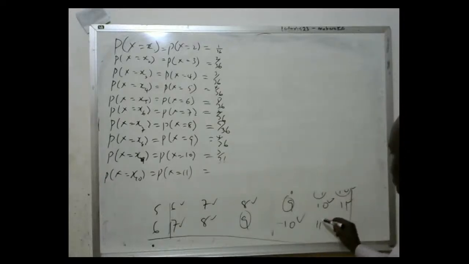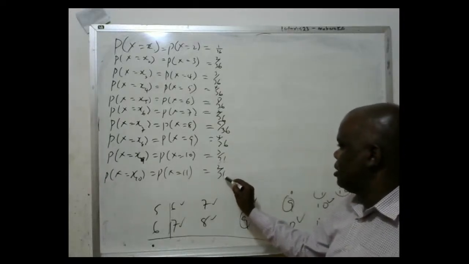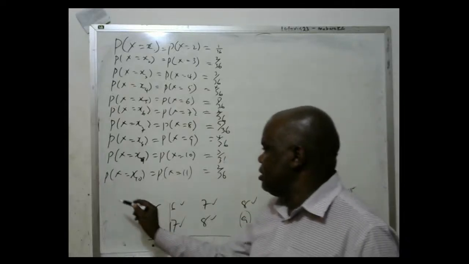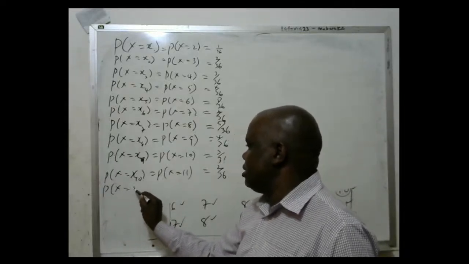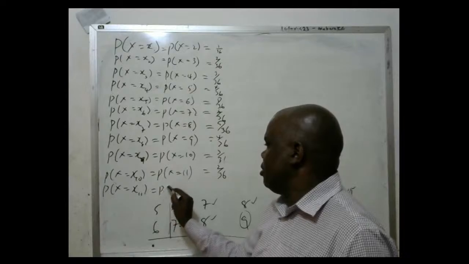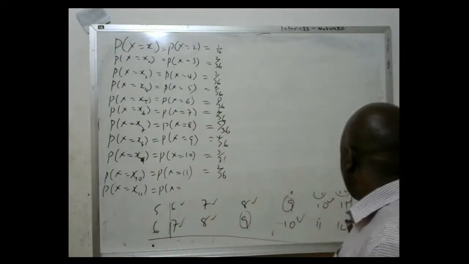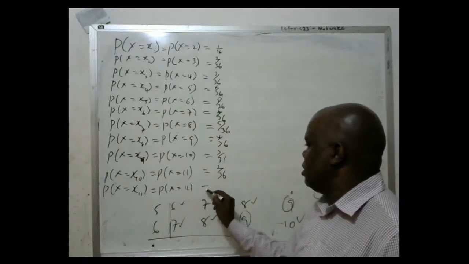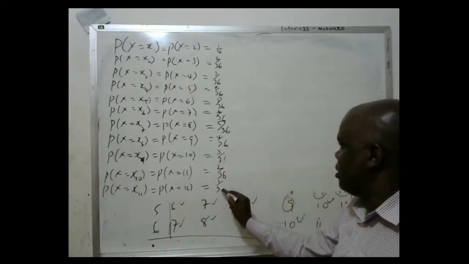So these are 1, 2. That's 2 out of 36. And lastly, the probability of getting the observation, a sum which is 12, is equal to 1 out of 36.